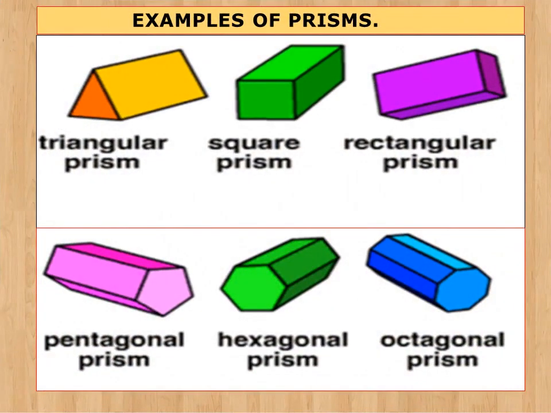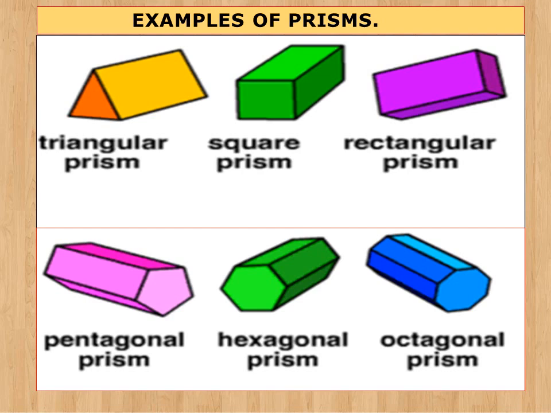Learner, let us look at the following examples of prisms. We'll read them horizontally. 1. We have a triangular prism. The cross-section is in the shape of a triangle. Number 2. We have a square prism.